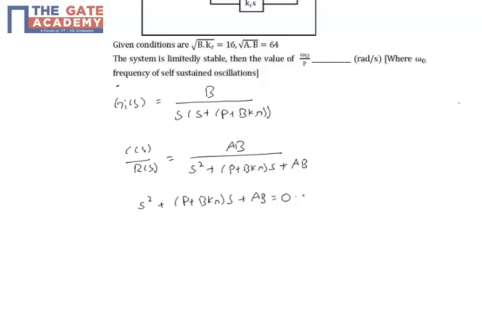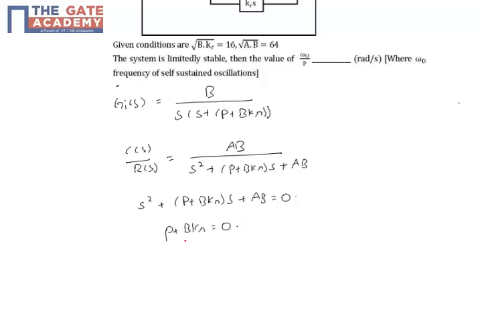So the condition for the system to be marginally stable is when the coefficient of s is equal to 0, that is when we will have sustained oscillation. So for the system to have sustained oscillation, p plus b into Kr should be equal to 0.